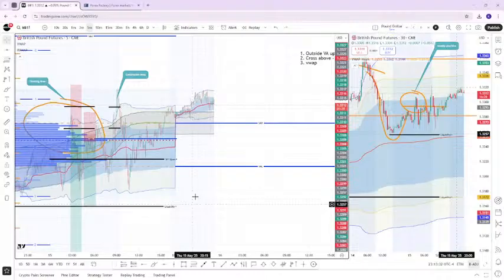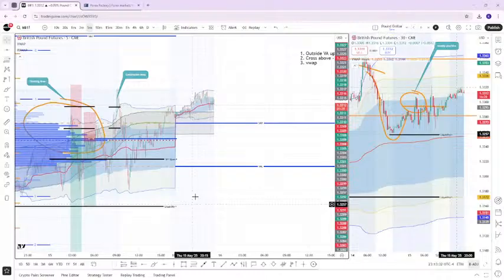So what happened on the weekly? We are pushing imbalance up. So right here, imbalance up. Previous value area, we just got into it.